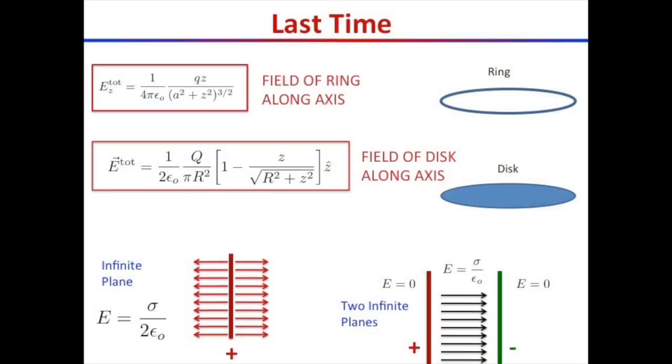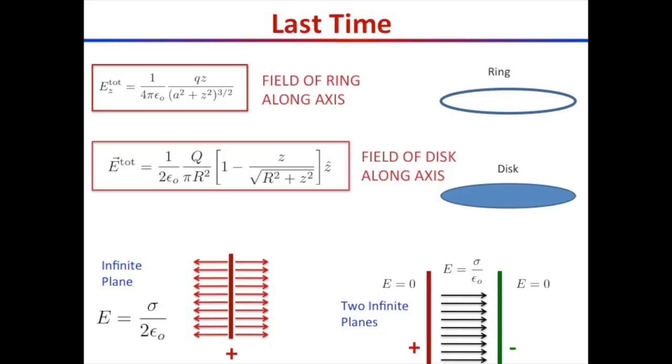We let the radius go to infinity, we let the charge go to infinity, but the charge per unit area we held constant. And then we got that for the infinite plane, the electric field coming off of an infinite plane is uniform, okay? So it's uniform in that it's got the same magnitude everywhere in space, and it always points away from the plane if it's a positive charge and towards the plane if it's a negative charge, where sigma here is charge per unit area.